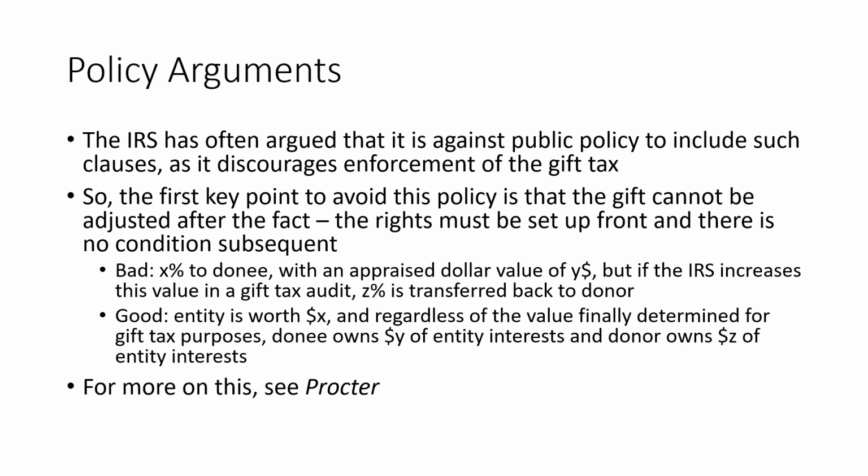So a bad type of transfer would be one where you're transferring X percent to the donee that has an appraised dollar value of Y dollars, but if the IRS increases this value in a gift tax audit, Z percent will be transferred back to the donor. That doesn't work. That runs afoul of the policy argument here.